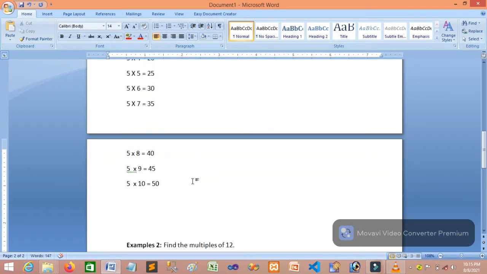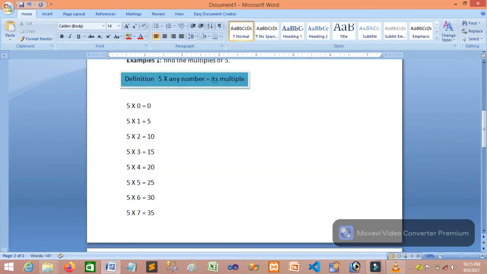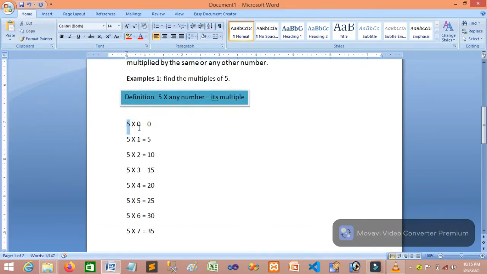So 5 is the number. I multiplied it by 0 and got the product 0, then multiplied by 1 and got the product 5. So 5 is the multiple, and 1 and 5 are the factors. Then 10 is the multiple: when I multiply 5 into 2, these two factors give the result 10.